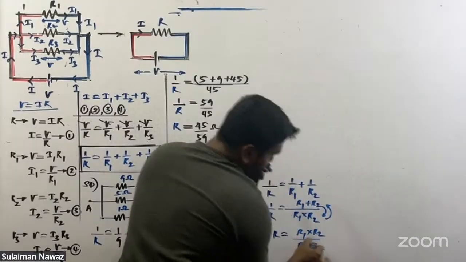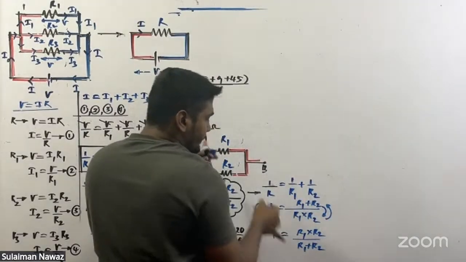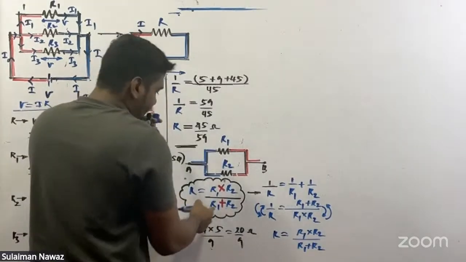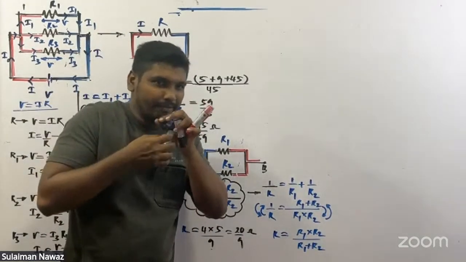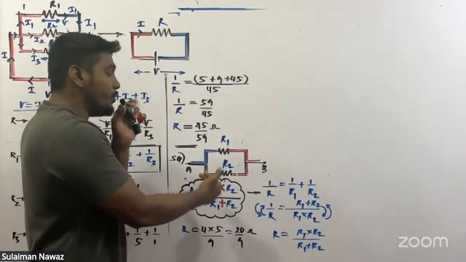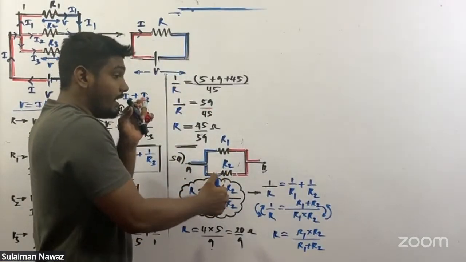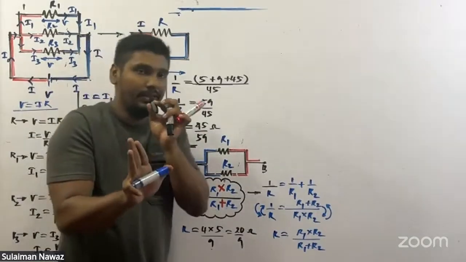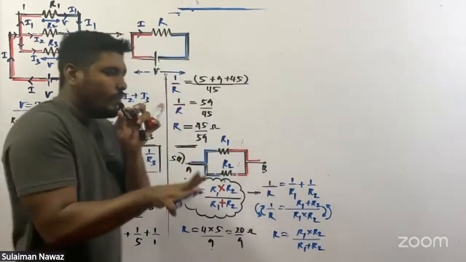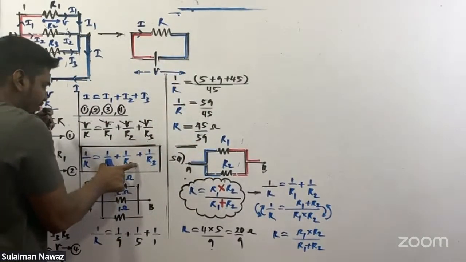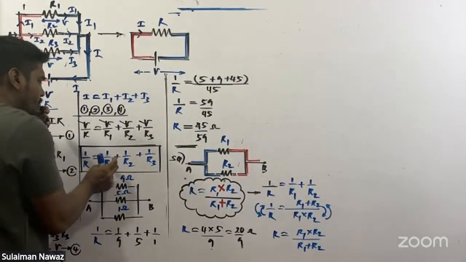This is the idea. Very easy. If there are three resistors, more than two resistors, you can't use this method. You can't apply R1 into R2 into R3 over R1 plus R2 plus R3 like that. When there are more than two resistors in parallel, you have to go with the standard equation: 1 over R equals 1 over R1 plus 1 over R2 plus 1 over R3.